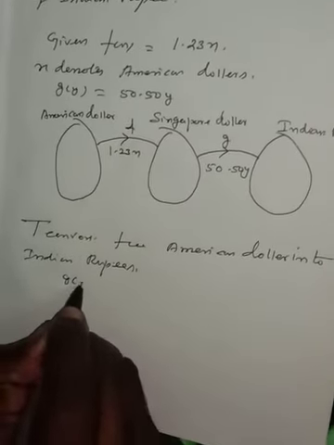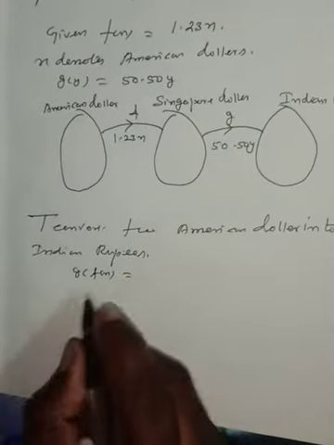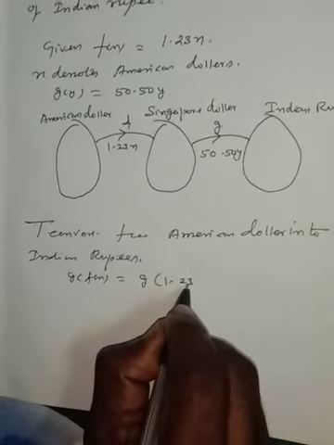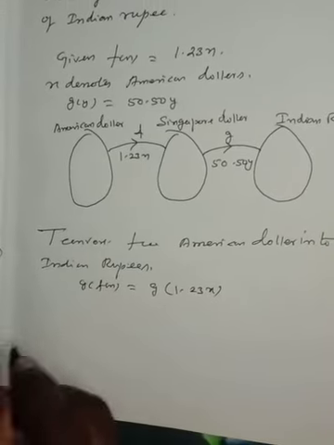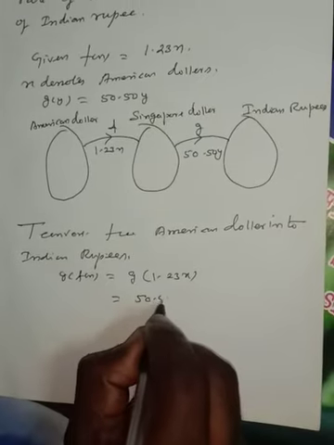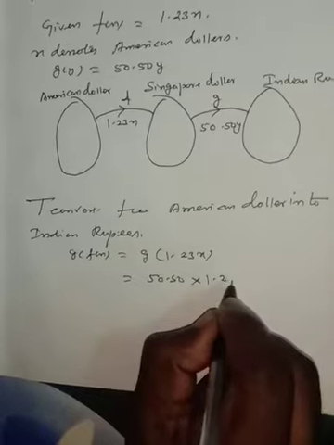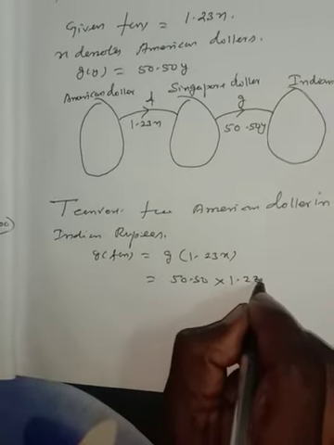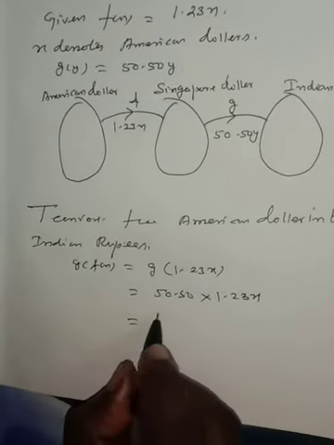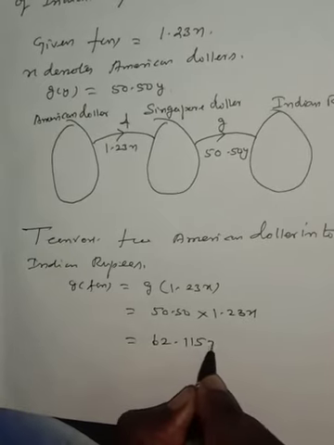So g of f of x is equal to g of 1.23x, which is 50.50 into 1.23x. The product gives 62.115x.